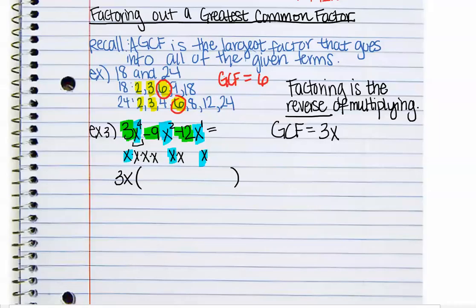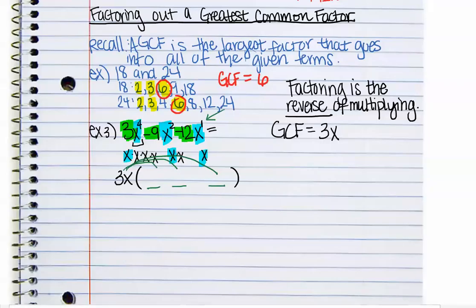Think of it like you're undistributing the 3x. So you have to think backwards and think about it as, okay, 3x times what gives me 3x to the fourth minus 9x squared minus 12x. So we need to think about what has to be here. Well, if there's 3 terms here, there's going to be 3 terms in here. The number of terms is never going to decrease. Okay, so this is my thought process.